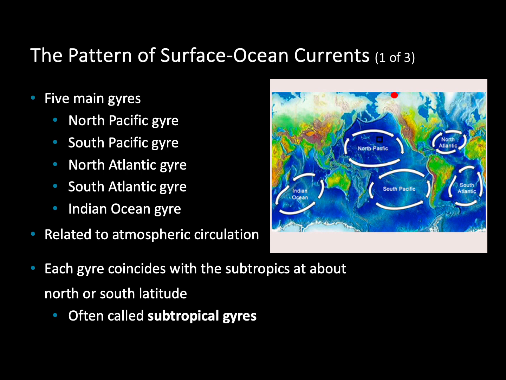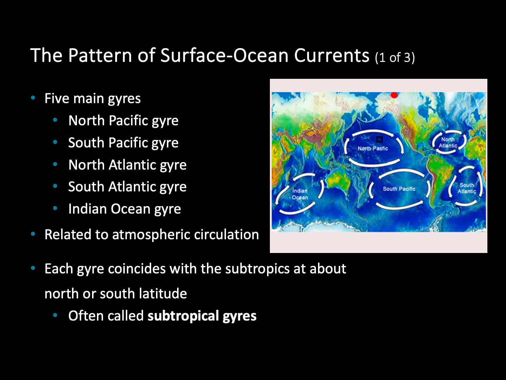Our ocean currents, again, are just going to move in the same way that our atmosphere circulates. The way the air moves is going to pull the surface of that water with it, causing ocean currents. And one thing I want to point out about these 5 main gyres on our planet is that each of them are found between 30 and 60 degrees.